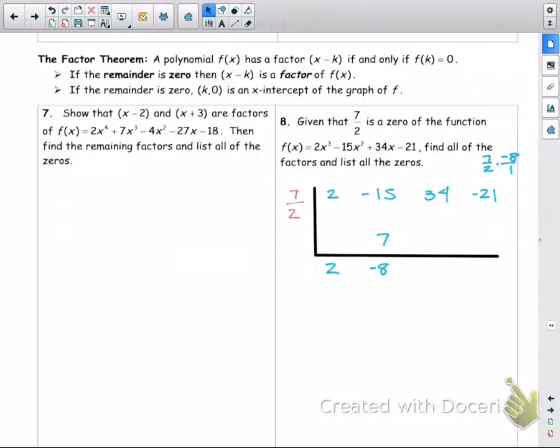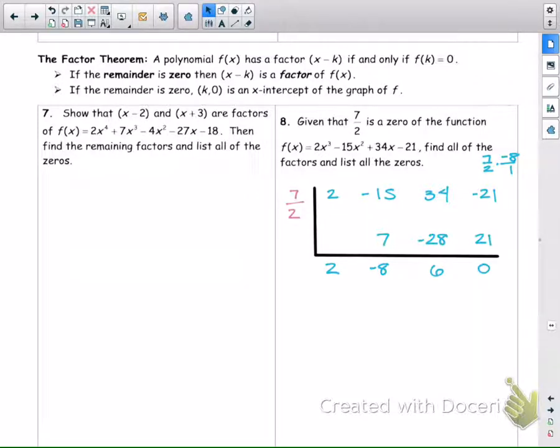Divided by 2 gives me what? -28, I believe. When I add down my columns, that gives me 6. 7 times 6 is 42, divided by 2 gives me 21. Again, you should know that that's going to work out to 0. Why? Because it's a zero. That means it has to have a remainder of 0.